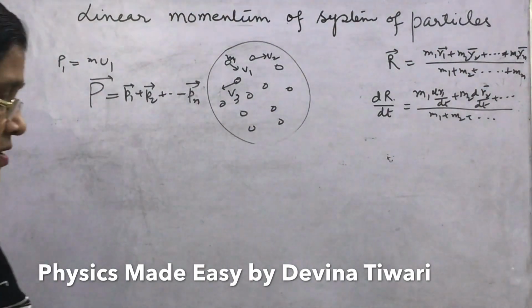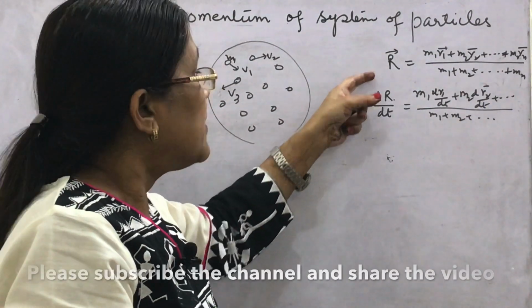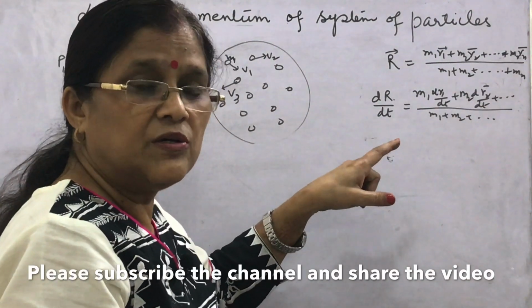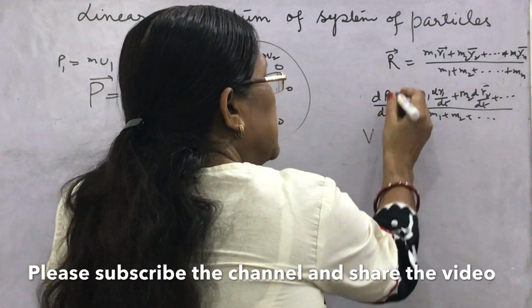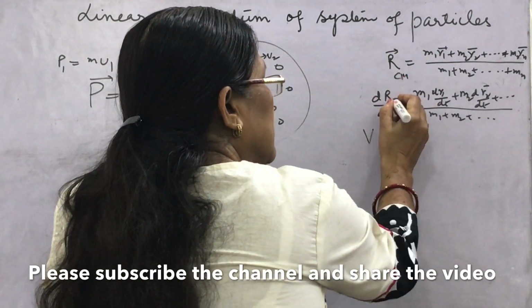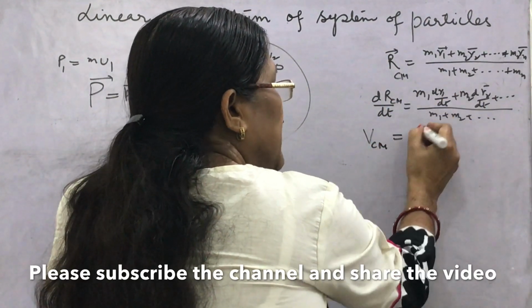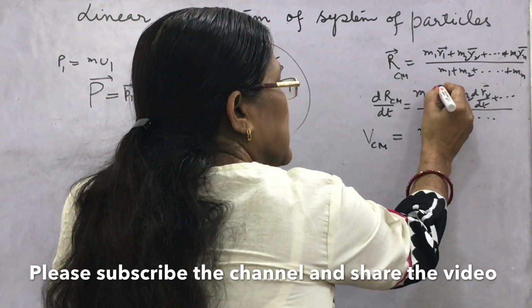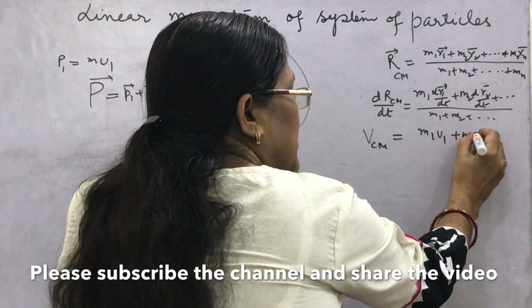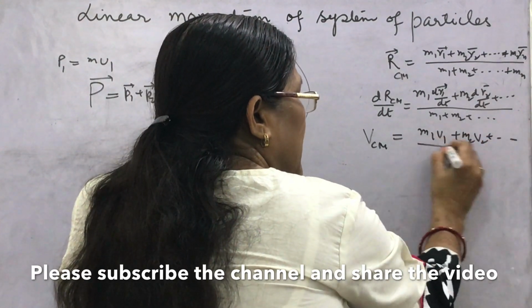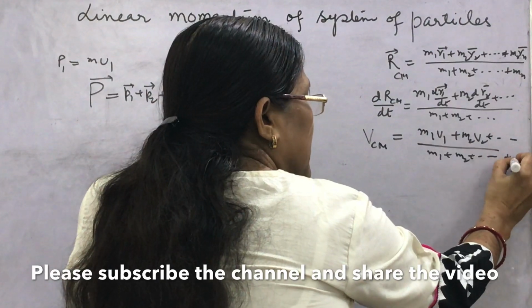What can we write as per these equations we have read earlier? Rate of change of position, what is this? Velocity. So if you write the velocity of center of mass, these all belong to center of mass. Then the velocity of center of mass is given by m1 v1 plus m2 v2, where v is dr by dt, and upon m1 plus m2 up to nth particles.